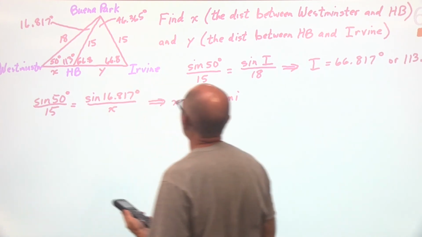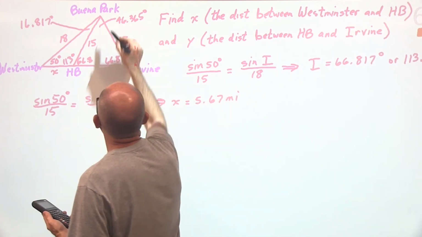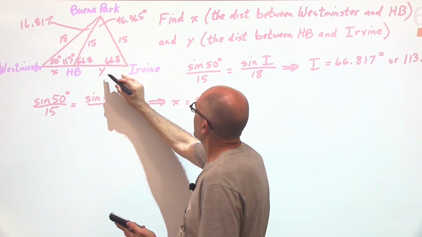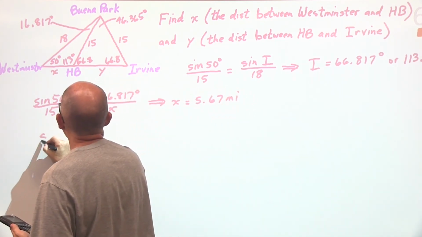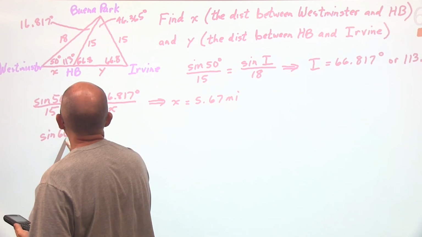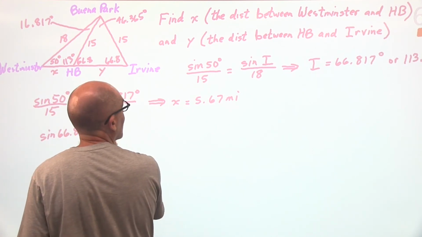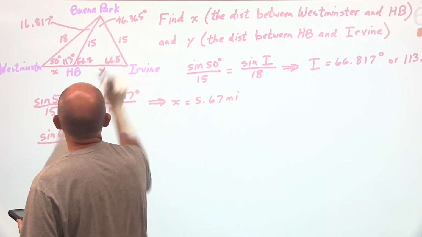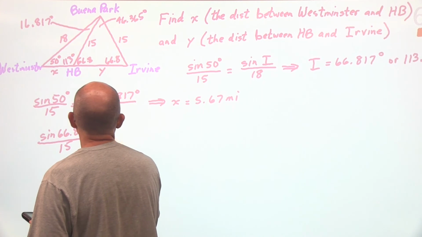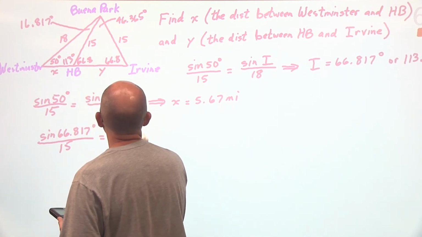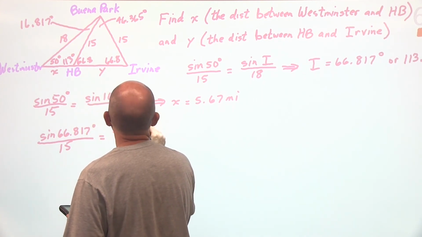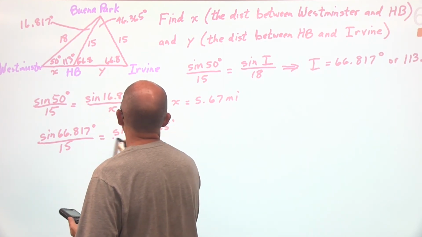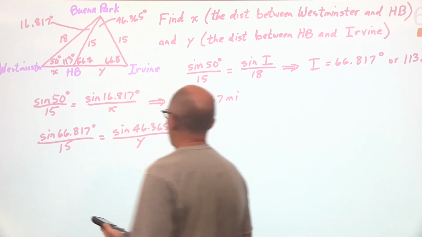46.365 degrees. So now what I have is an angle and its opposite side. So I'm going to go sine of 66.817 over 15 equals sine of 46.365, which is right in your calculator now, divided by y.